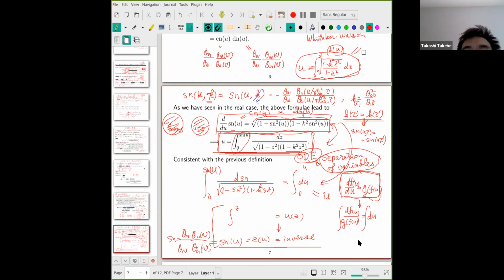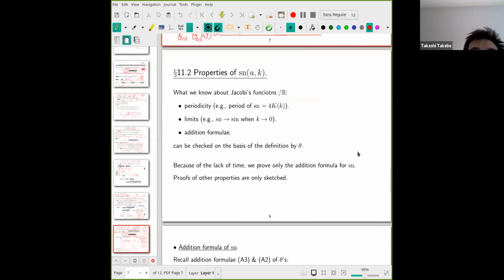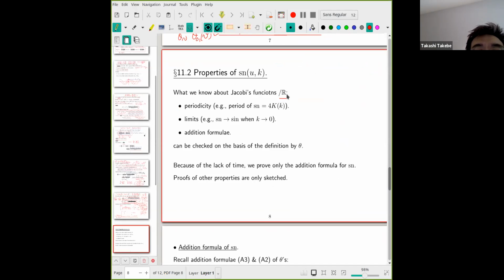Okay. Now, let's check other properties of Sn, which we have already shown over R. Sn is doubly periodic, as we have seen, but over R, it has a period 4K.